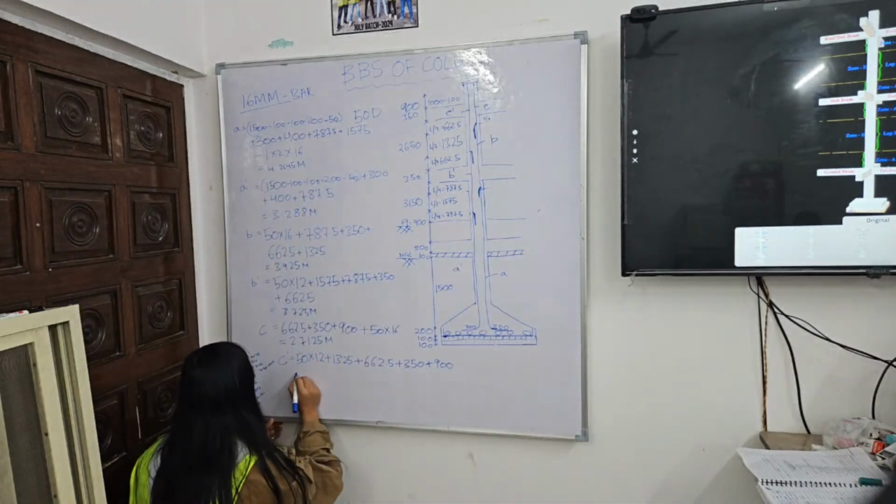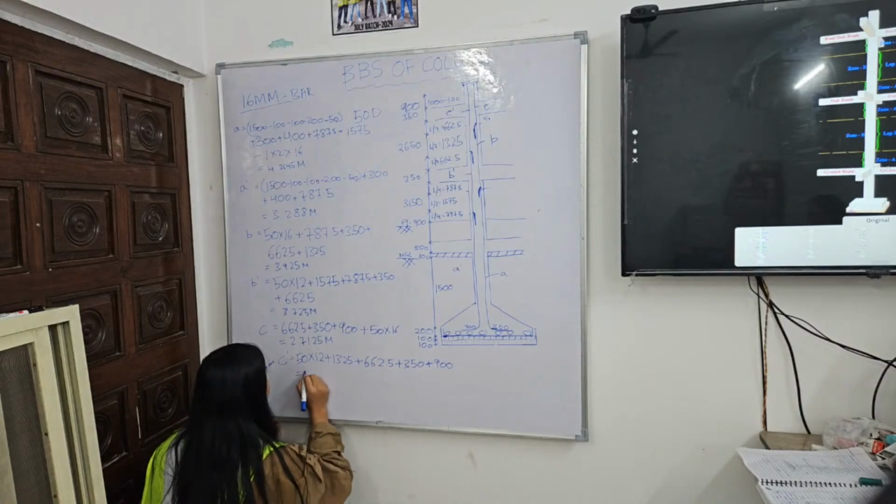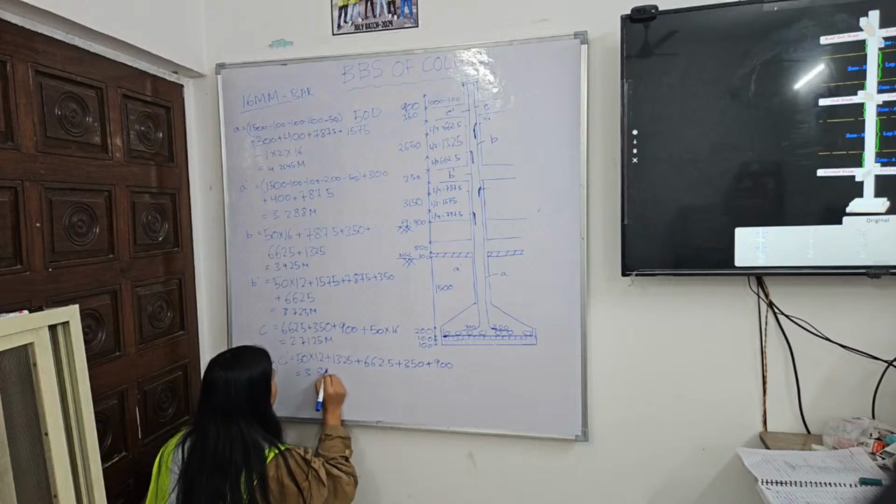So the value for C dash will be 3.837 meter.